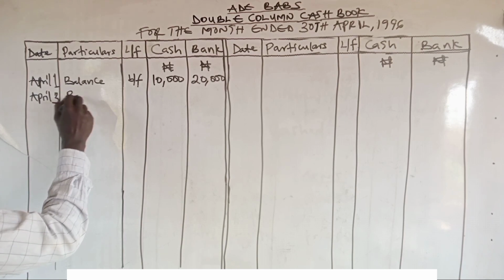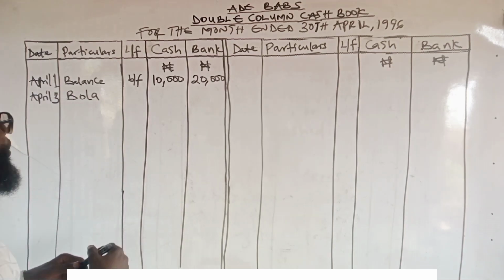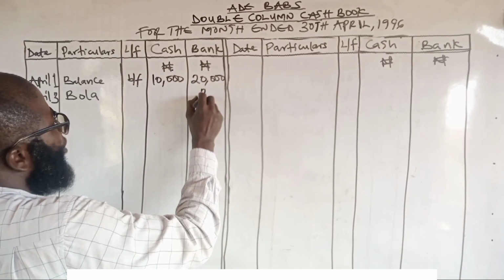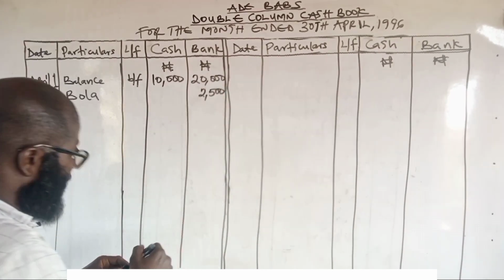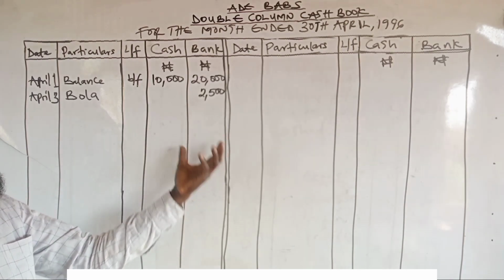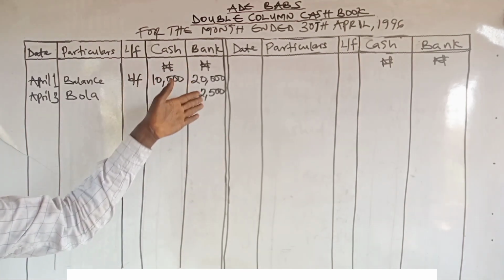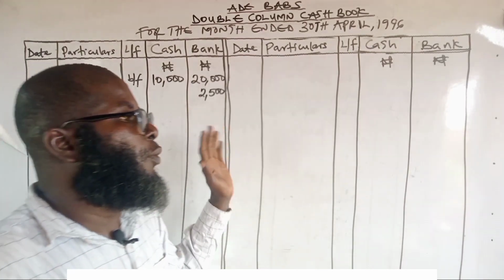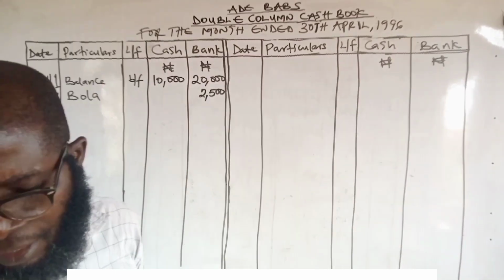I will now put Bola. I received 2,500 naira from Bola through cheque. Then I come here, I write 2,500. That is how to enter this. This is something that comes in through cheque. I have to have it on the bank column because anything that has to do with a cheque has to do with the bank.